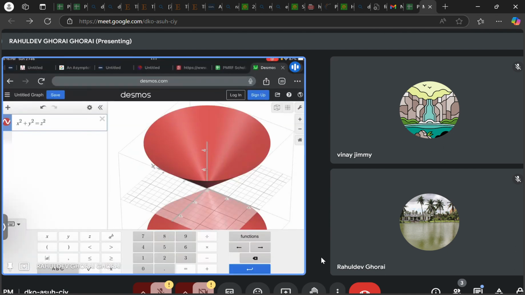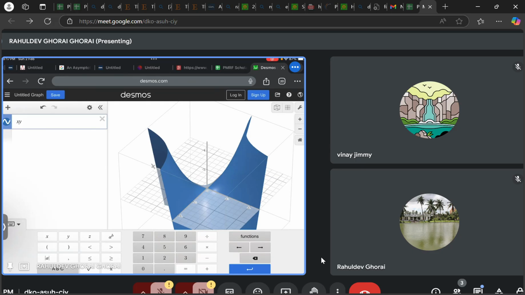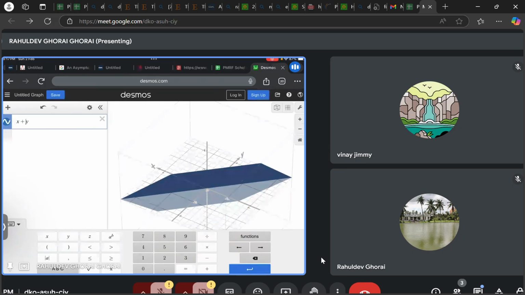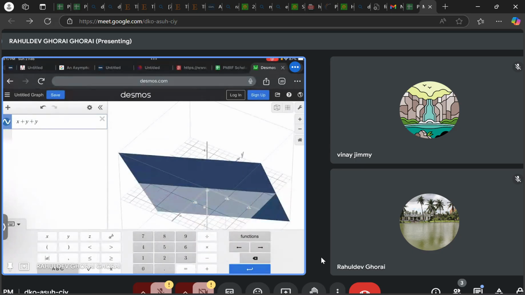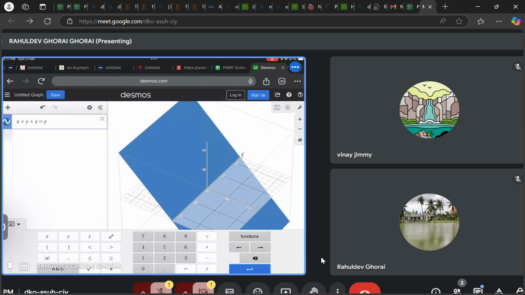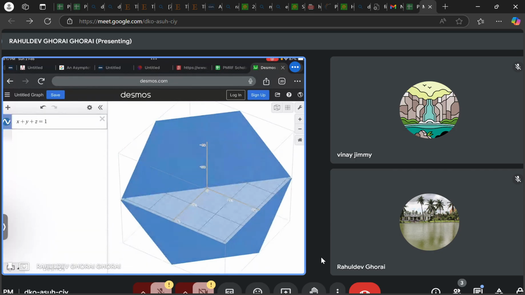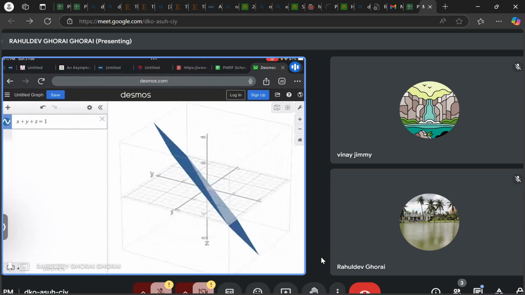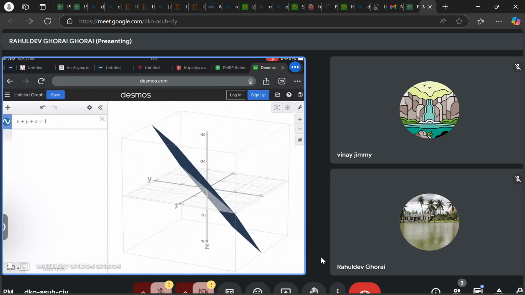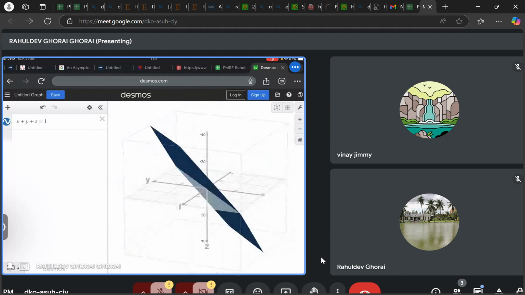So if I draw it here, x plus y plus z equal to 1, and this one I just remove. How does this plane look like? x plus y plus z equal to 1, right?